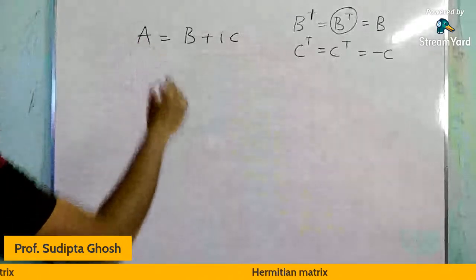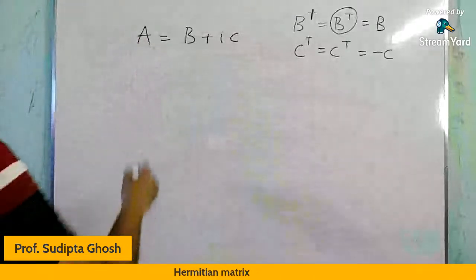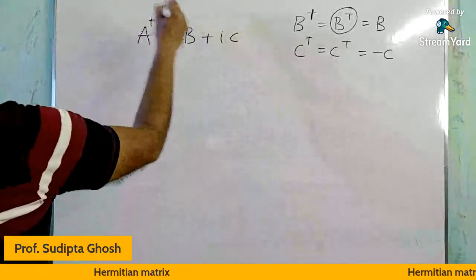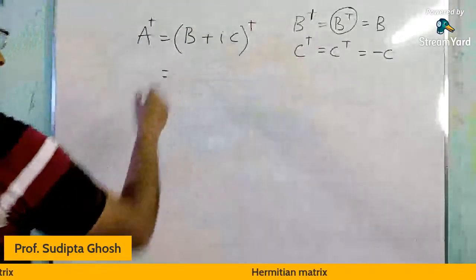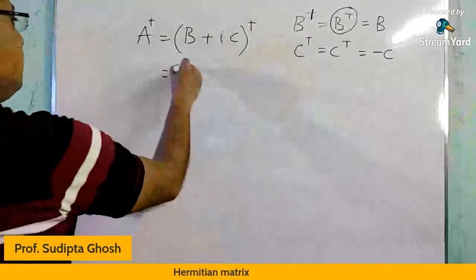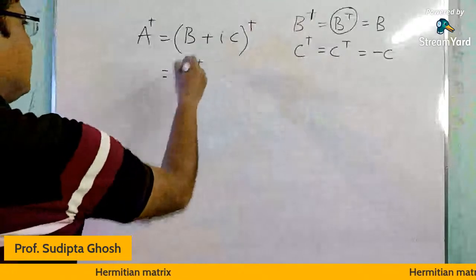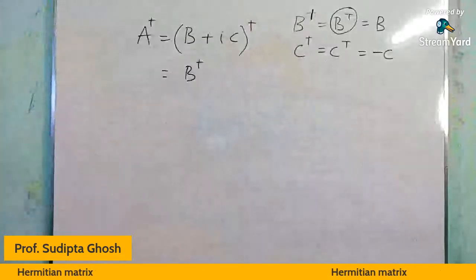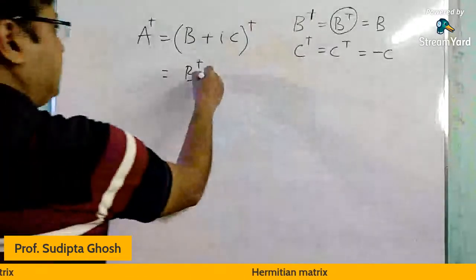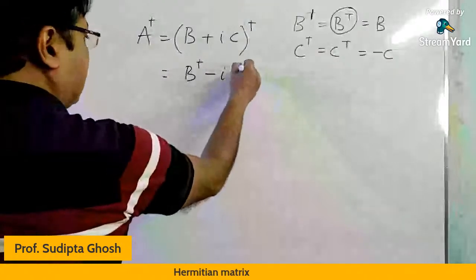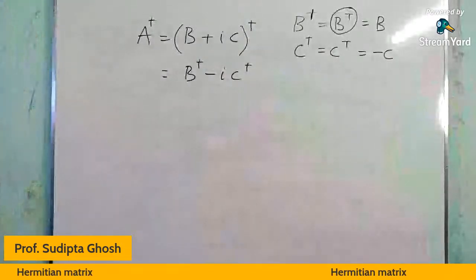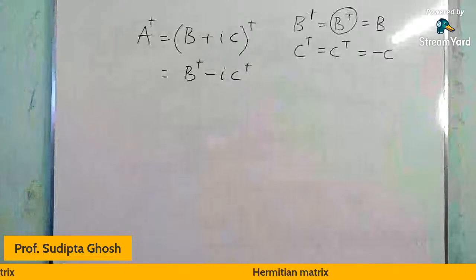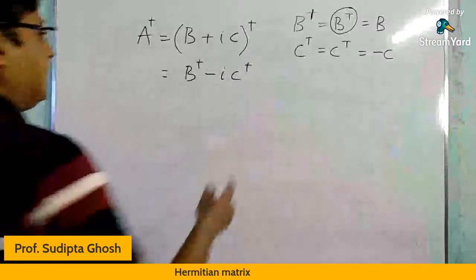If A can be written as B plus iC, then A dagger can be written as (B plus iC) whole dagger. It will give us B dagger and then, since it is the conjugate transpose, minus iC dagger.